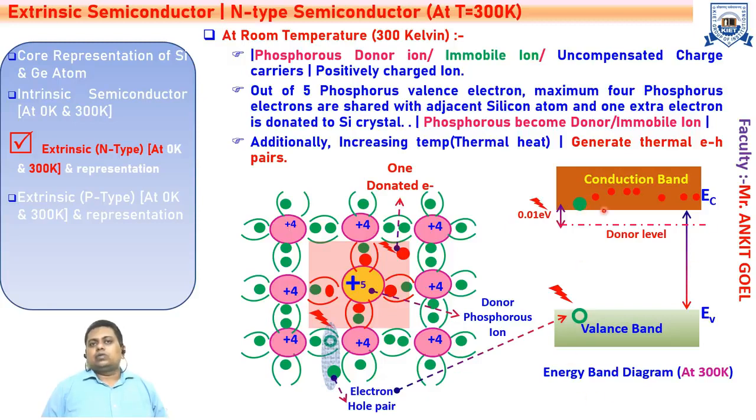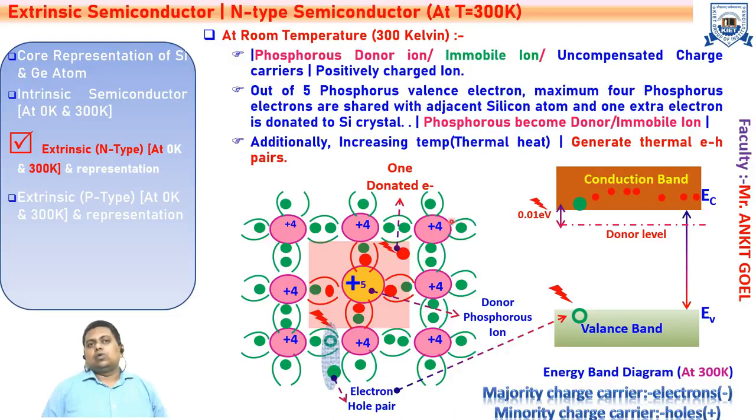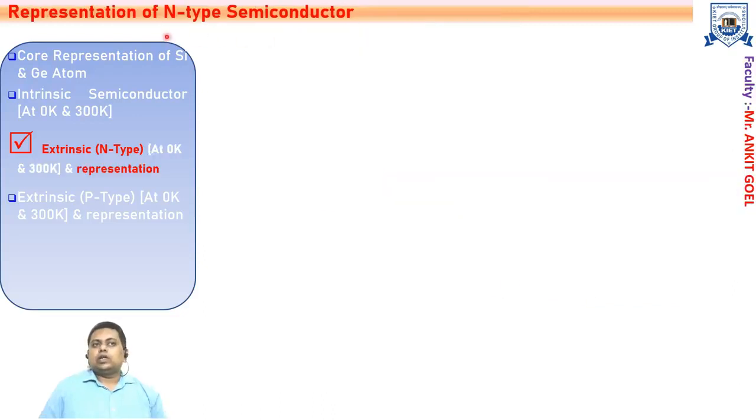If we talk about majority and minority, in N-type semiconductor, the majority carrier is the electron, which is a free electron available in the conduction band, and the minority carrier is the hole, which is in the valence band, right?